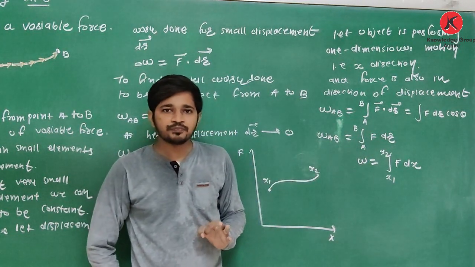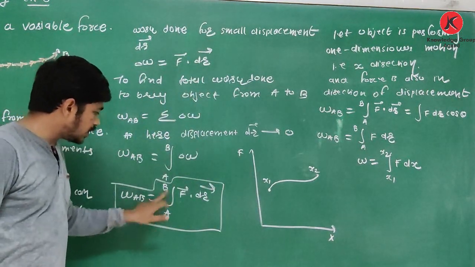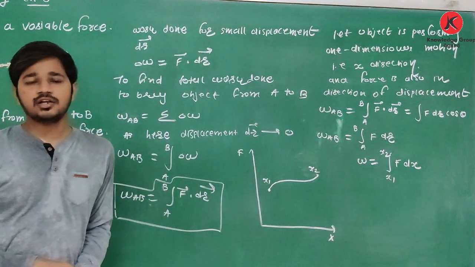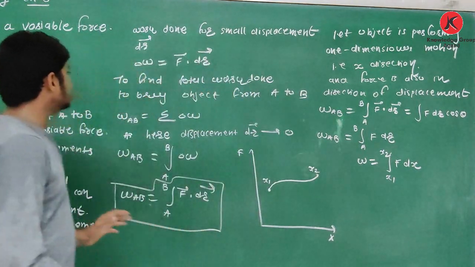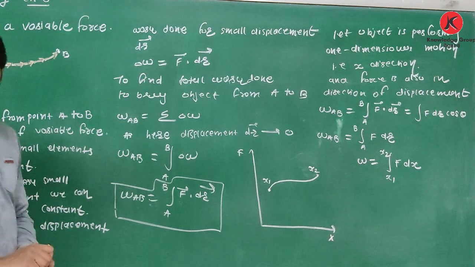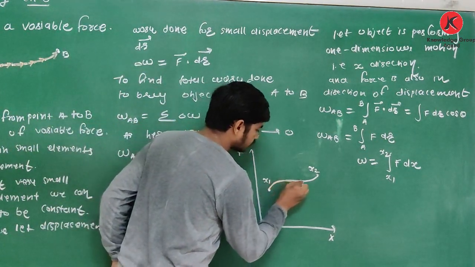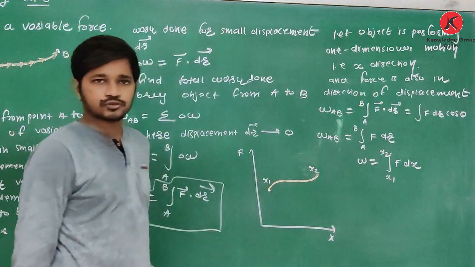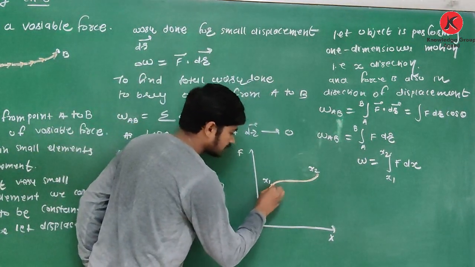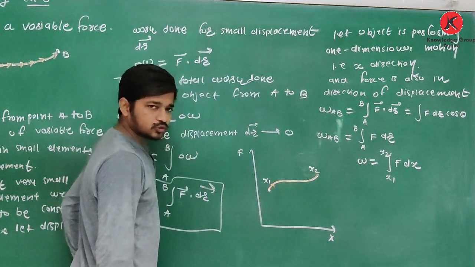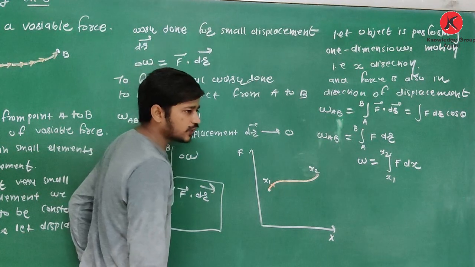Clear about this? But the general equation of work is W is equal to the integral from A to B of F dot dr. Now see here. We will understand this concept with the help of this figure. The object is moving from x1 to x2 under the effect of a variable force; for a very small displacement, from this point to this point, we have to find what the work is.